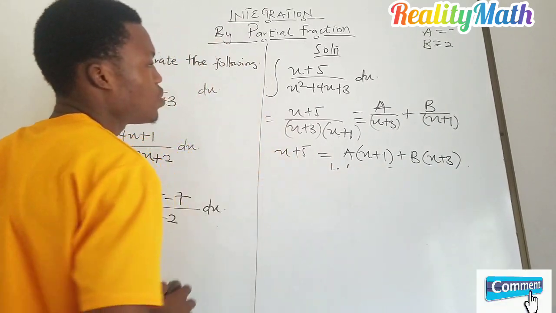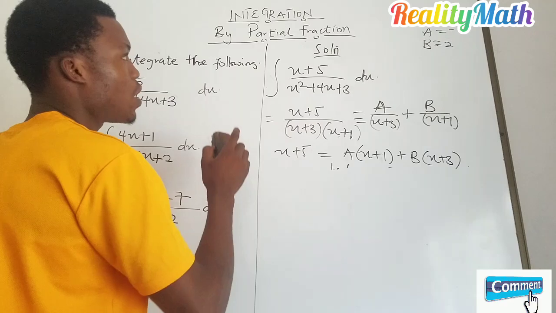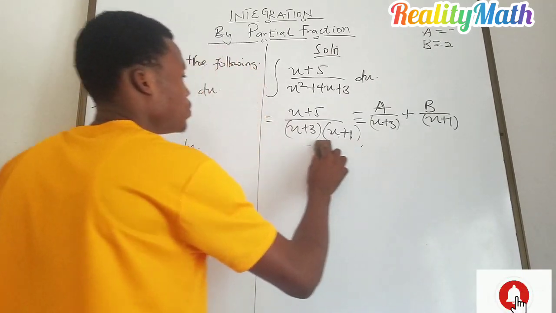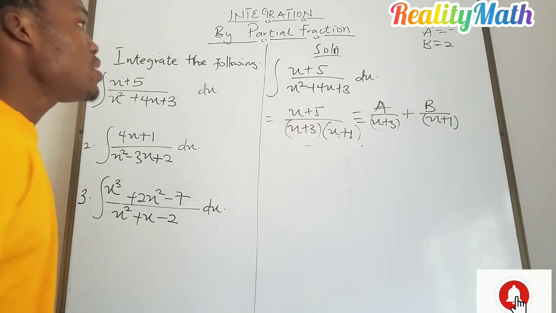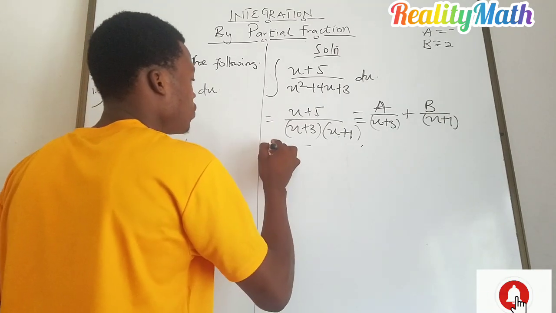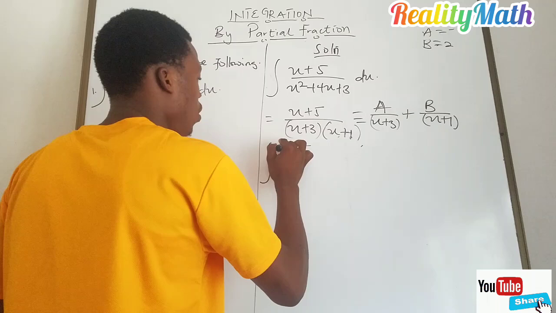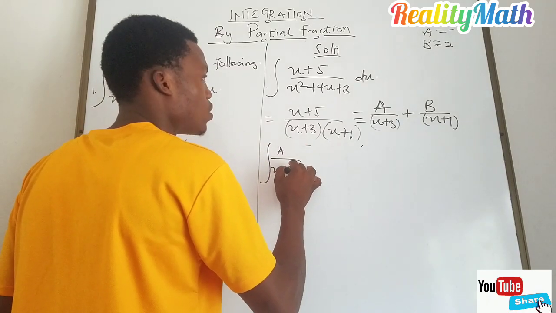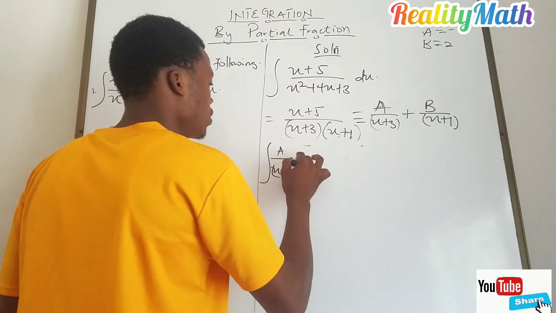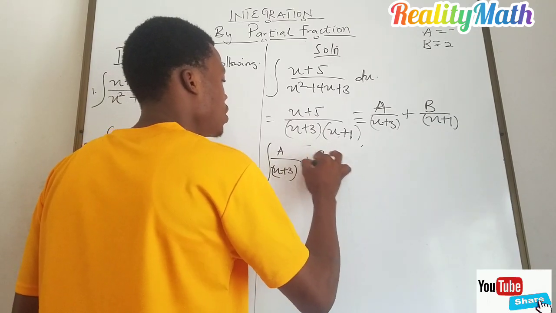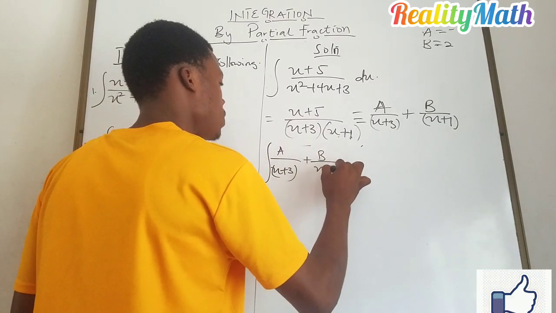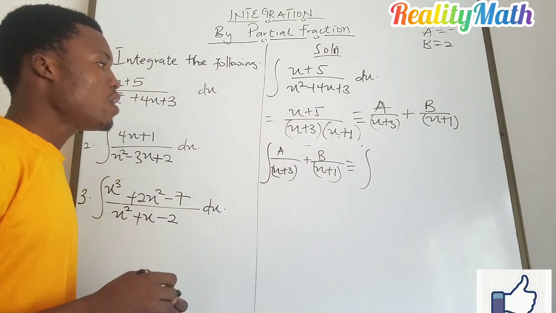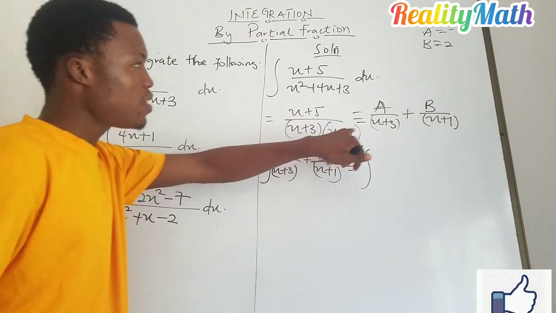If you have gotten the values for the constants, it means that we can rewrite the whole function. So let's put it here. My integral of A over x plus 3, plus B all over x plus 1, should be equal to the integral here, which we have now simplified into this term.